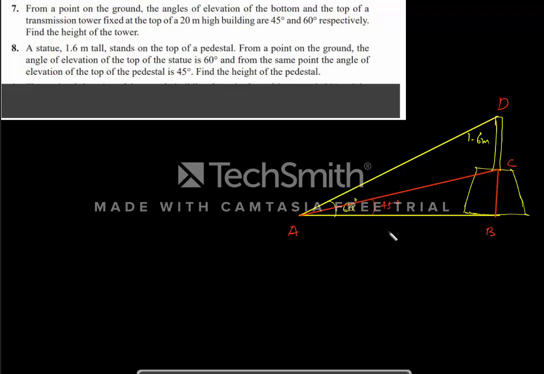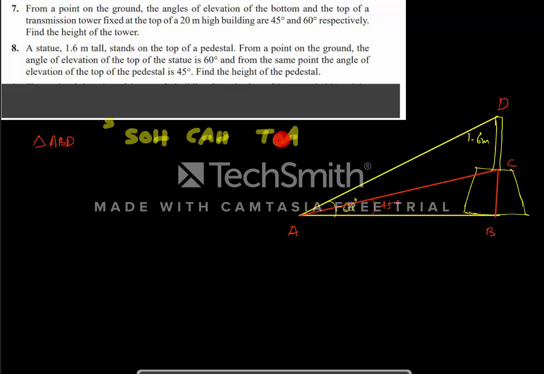So let us take triangle ABD, and obviously the angle here is 60 degrees. So we are interested in the opposite of the angle and the adjacent of the angle.